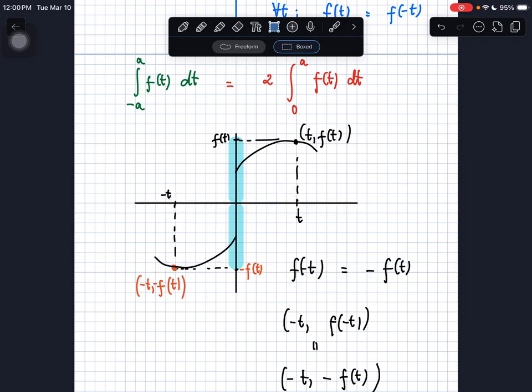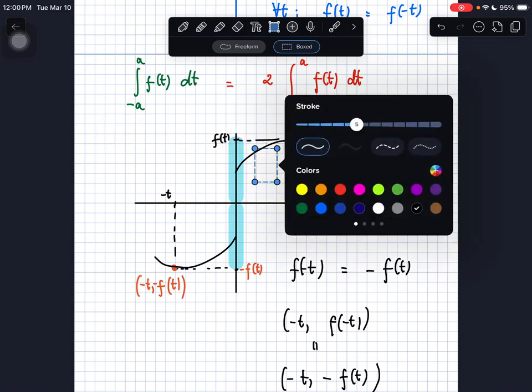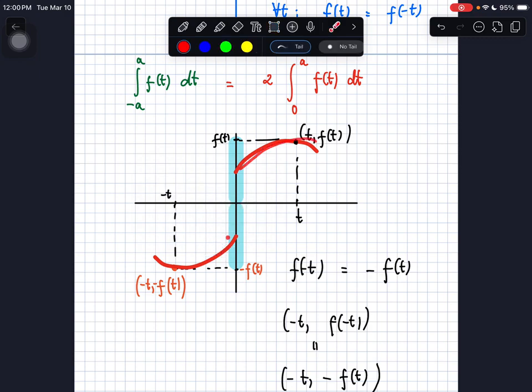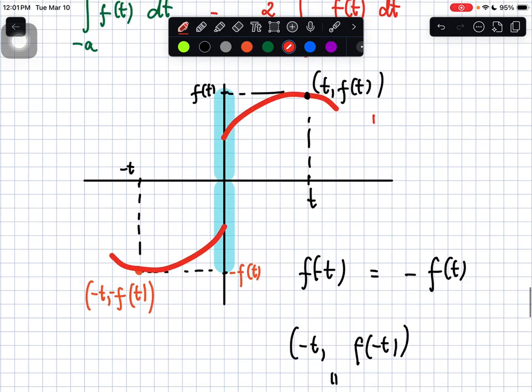So this curve, the red one here, is the graph of function f. The graph of an odd function is symmetric with respect to the origin.